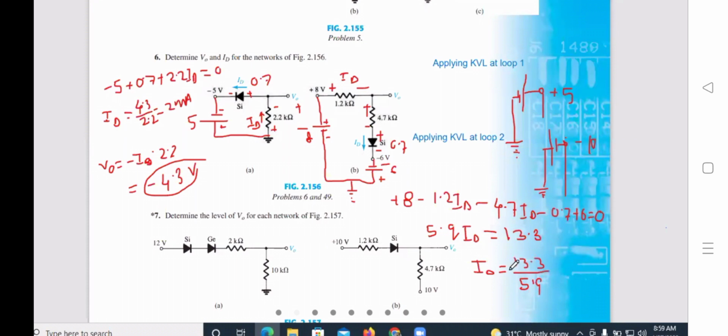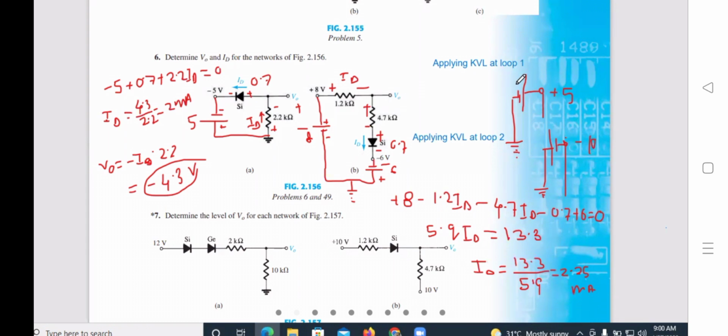Okay, so some 2-point result will come. 13.3 by 5.9 is close to 2.24, equals to 2.25 milli. So ID is 2.25 milliampere.